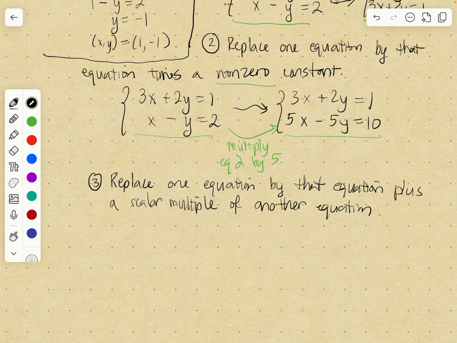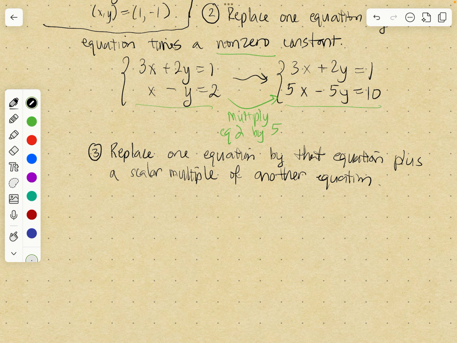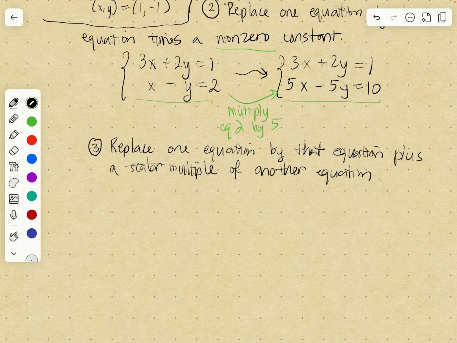Oh, I'm already using the matrix language. If you don't like the word scalar multiple, just change it to a multiple of another equation. Well, instead of deleting it, because scalar is fine, I'll just put it in parentheses.